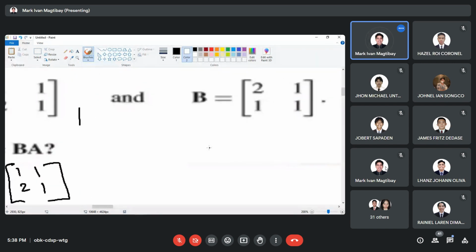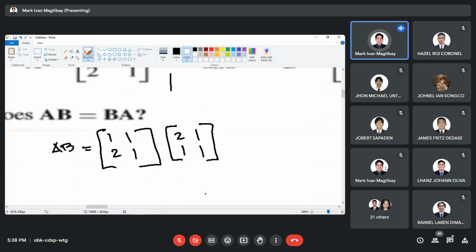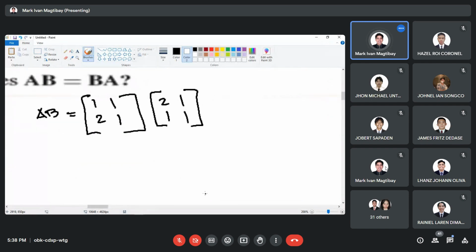And then 2, 1, 2, 1, 1, 1. Na alam po natin sila ay both 2 by 2s. So equal naman yung number of rows niya sa column. So meaning to say, we could proceed on multiplying with each other. And then, yung matitira po is another set of 2s. So meaning to say, yung magiging laki po ng ating matrix ay 2 by 2 din po.